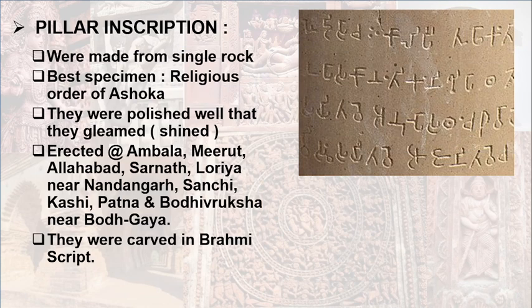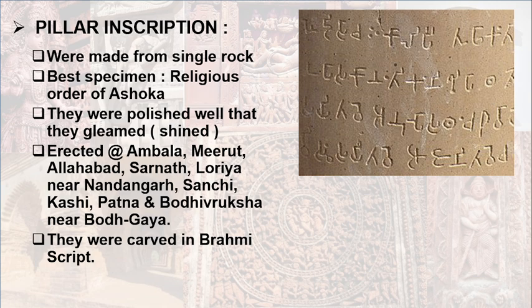Next, pillar inscriptions of Ashoka and the Mauryan dynasty. This pillar inscription is made from a single rock, and the best specimen during the reign of Ashoka is the religious order given by King Ashoka. Here on the right side you can see a sample photo of the pillar inscriptions.